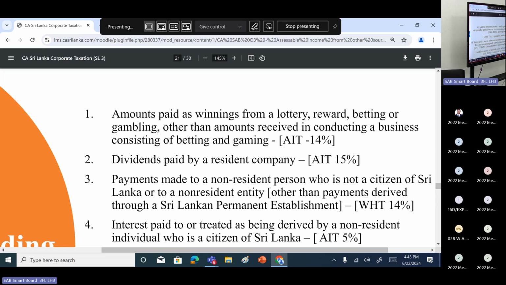So I could say in the case of a company, how do we determine the residency, like tax residency? If it is incorporated under the law in Sri Lanka, it is a Sri Lanka resident person.